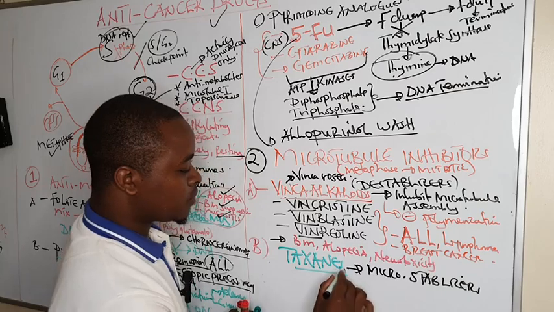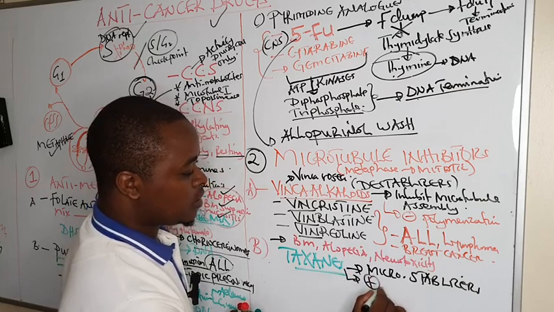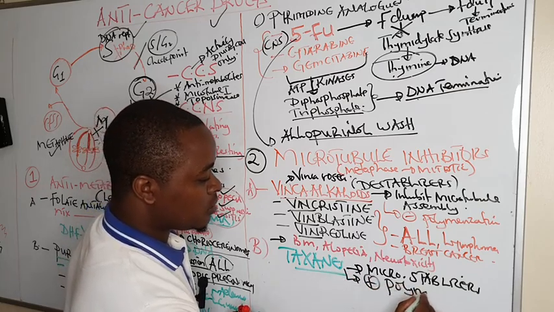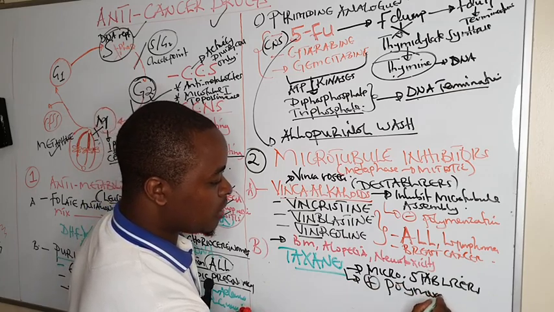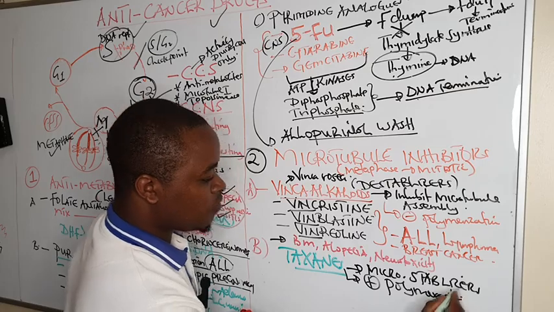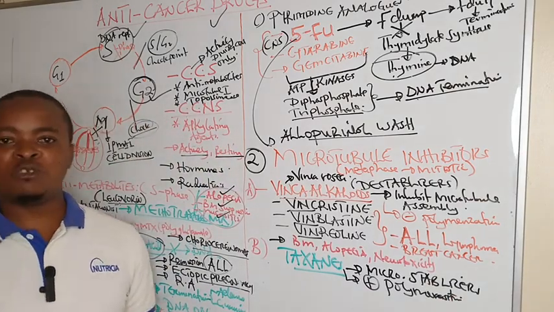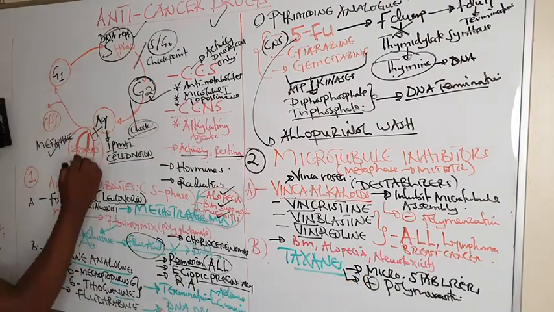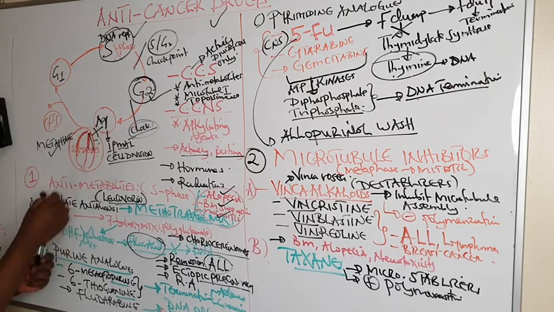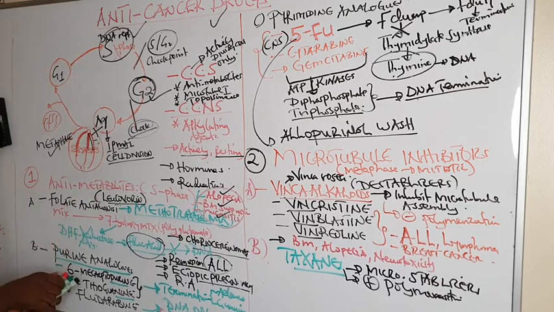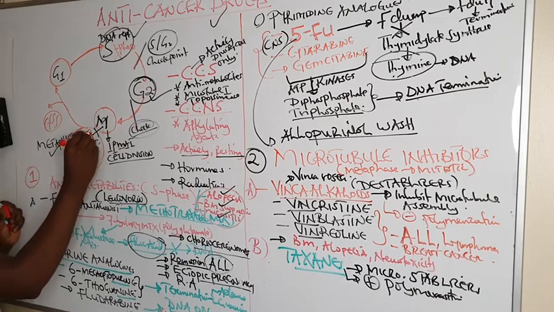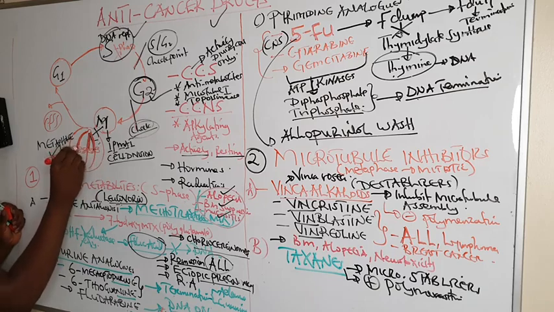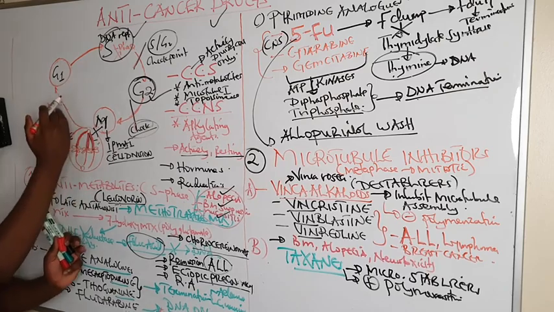So they promote polymerization by binding to the beta tubulin of the microtubules. And when they polymerize by promoting formation of the dimers, they stabilize these microtubules so that they will fail to separate during metaphase.